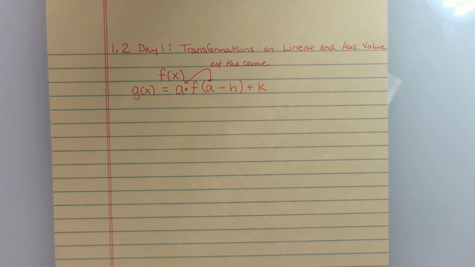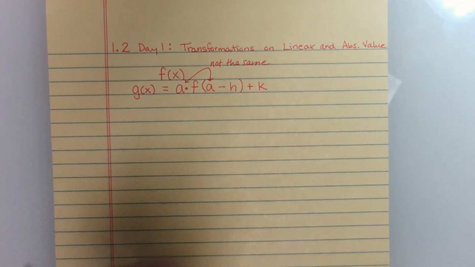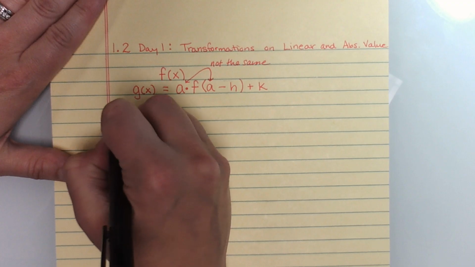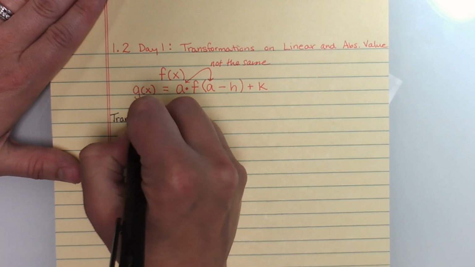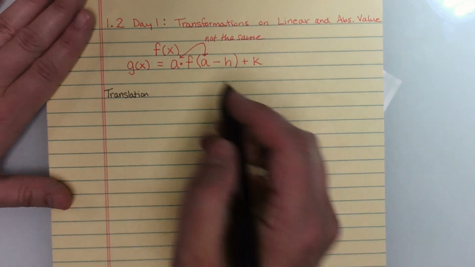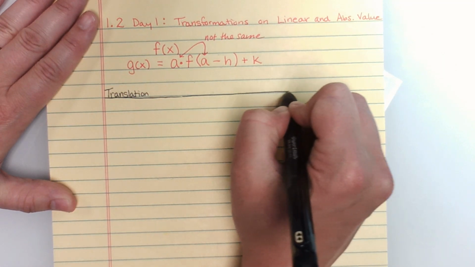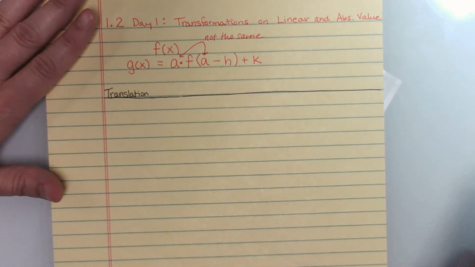This is kind of a more generalized format of transformations. Now, transformations come in a lot of different forms. We got our translations. Do y'all remember what translations do to a graph? Moves it around.